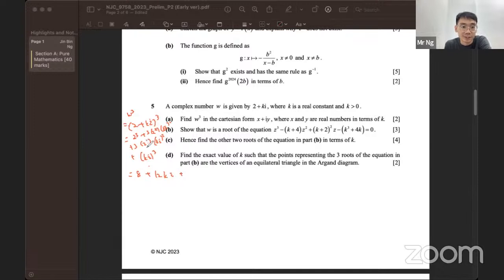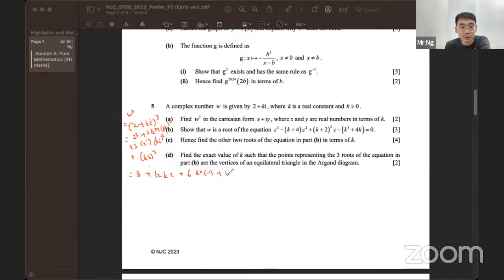You see, I don't know what I'm writing here. Okay, 2 to the power 1. So 2 times 3 is 6. Then after that, Ki squared. So K squared minus 1.